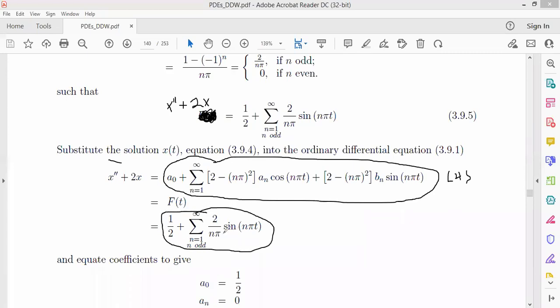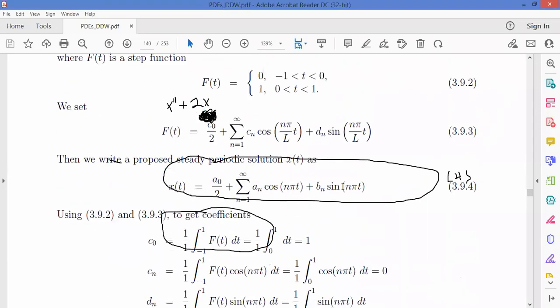What I'm calling the right-hand side here is this equation 3.9.5. But remember, we said the generic form of this non-homogeneous equation, x prime prime plus 2x, which is Ft, has already been represented up here. That is this one here.